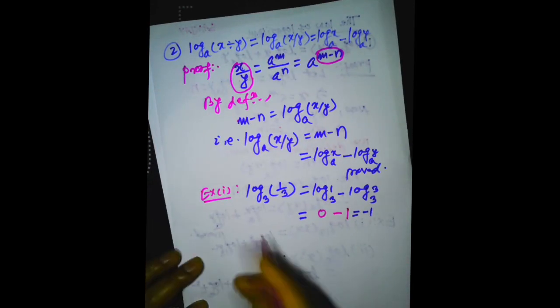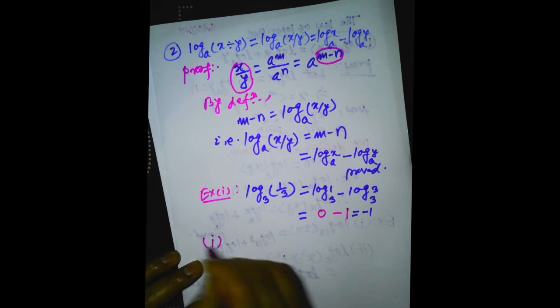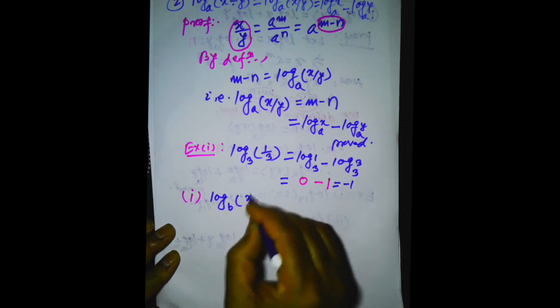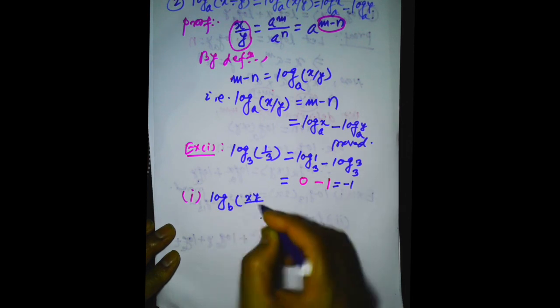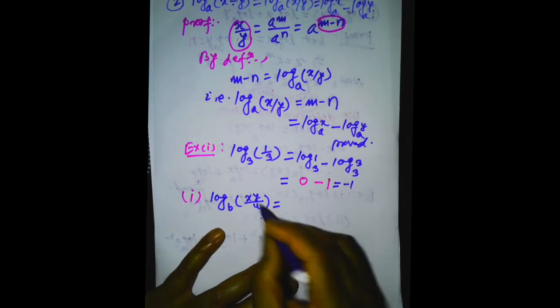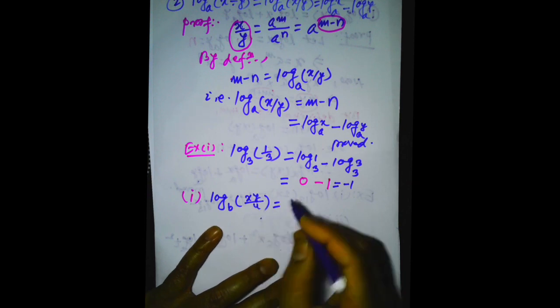If you'd like to see another example, let's take log to any base b. For example, suppose that it is xy by u. Then how do you expand it? You can use both formulas, the product rule and the quotient rule for the logarithm.